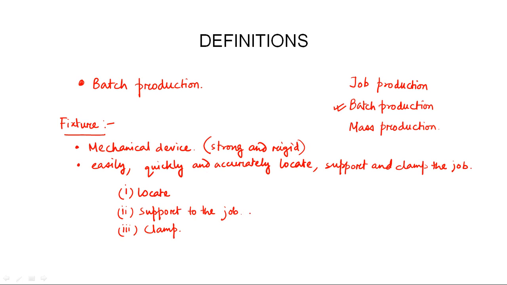Jigs and fixtures are used for higher productivity and product quality, and they are generally used in batch production.